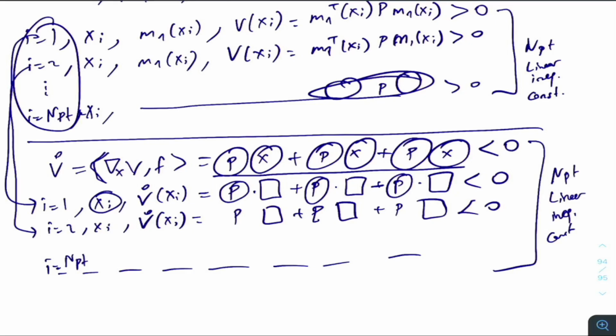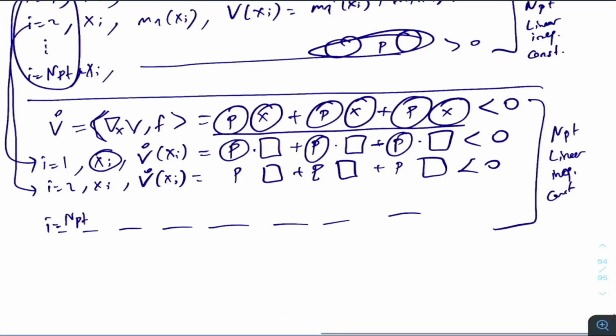So far you have 2 times n point, and for n point equals 1000, you will have at this point 2000 inequality constraints, but remember they are all linear, so it's okay. And finally, you are just going to impose that constraint.